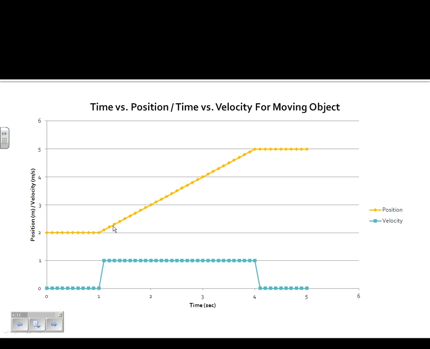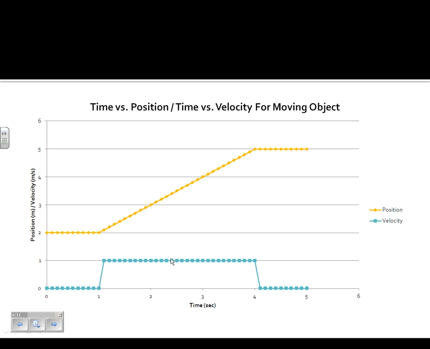It keeps getting farther and farther away from the reference point, which in this case is 0. But more importantly, from the velocity standpoint, we have a nice constant slope right through this time. That means that the velocity is constant. And in this case, if you do rise over run, you can figure out that the velocity during that time is a positive 1 meter per second.